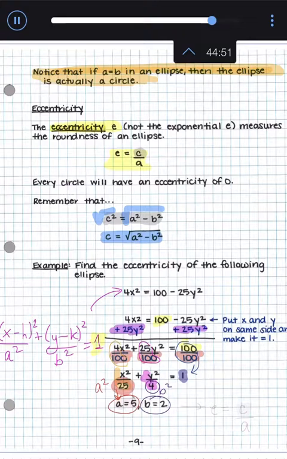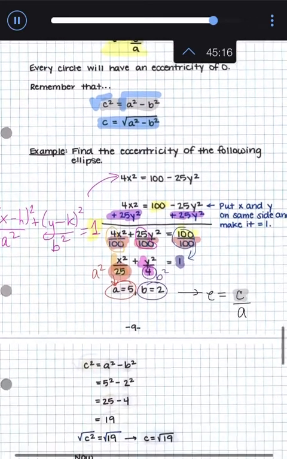Well, the problem is to find eccentricity. Remember what the formula is. The eccentricity formula is E equals C over A. Well, we've got A and we've got B. We don't have C. We need to find it. Let's use our formula for C. C squared equals A squared minus B squared.